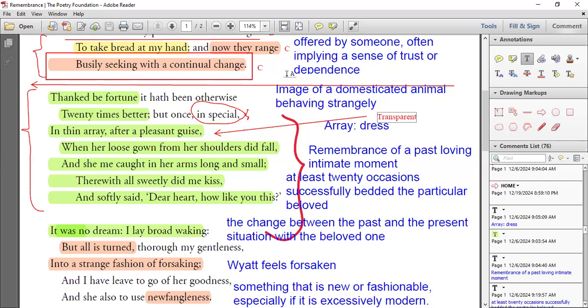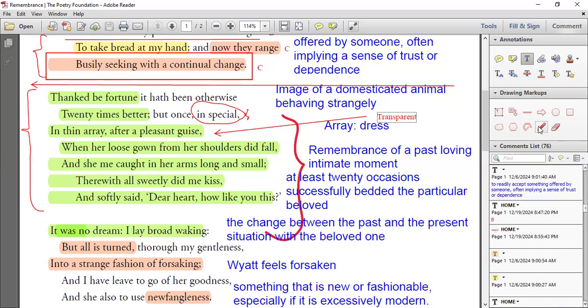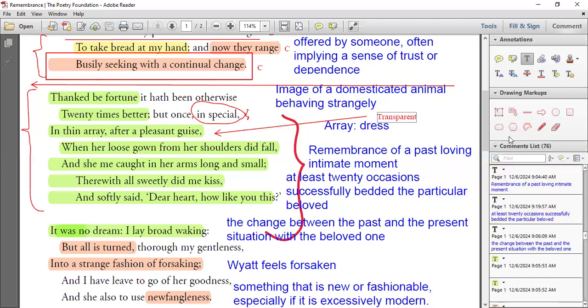And when he looked at her, when he stared at her, what did she do? She blushed, and immediately because of the blush, her loose gown fell from her body and she stood naked before Thomas Wyatt.